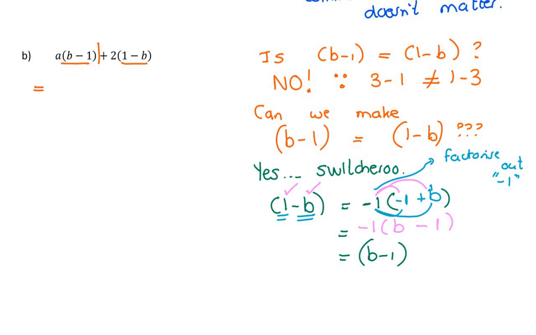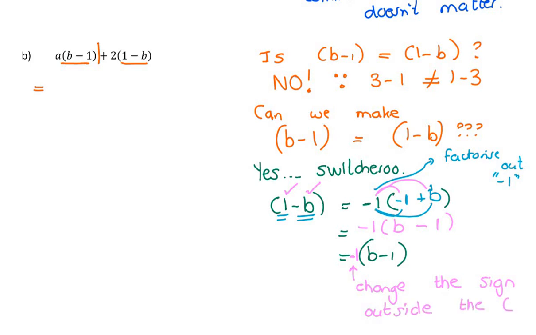And so guess what? I can rewrite it as b minus 1 as long as I change the sign outside the bracket. So as long as I make a negative sign outside the bracket, I can swap my b and my minus 1 around.